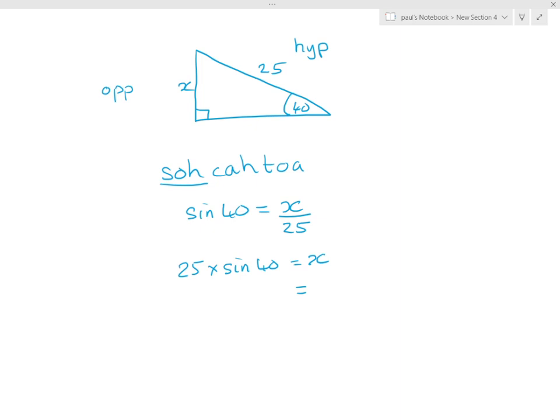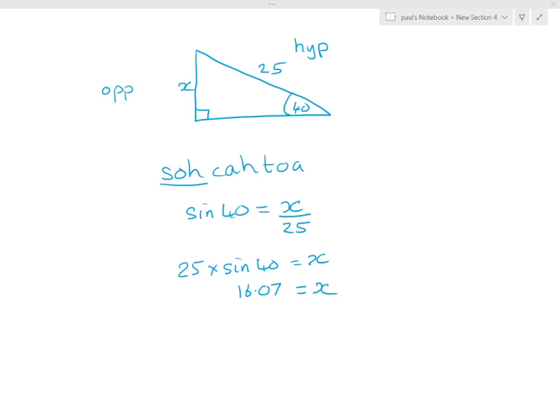I am pressing 25 times the sine button, open brackets, and 40 in there, and it gives me 16.07 to two decimal places. 16.07. Who would have thought?